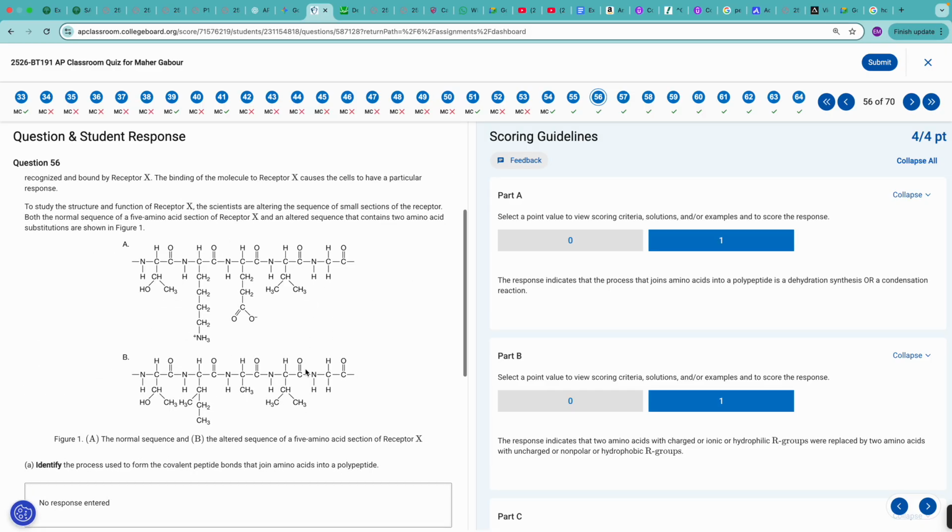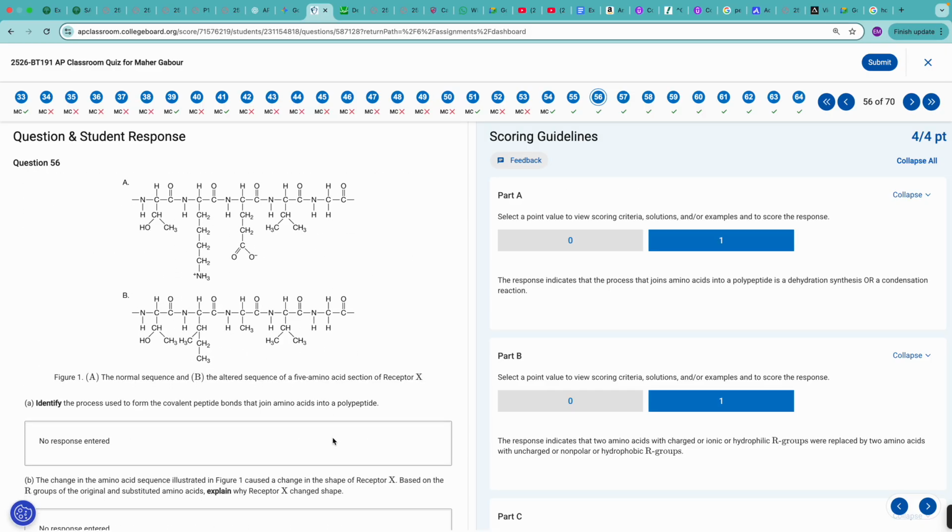Identify the process used to form the covalent peptide bonds that join amino acids into a polypeptide. The process is synthesis, dehydration, or condensation. Pick one of the names. That is the process that takes single amino acids and groups them into a big polypeptide.